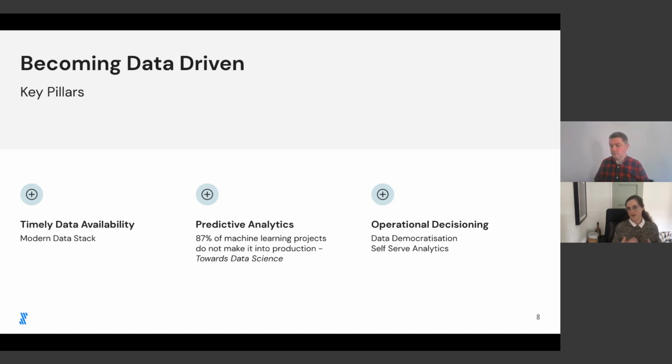To be data driven, my key focus with customers is using data across the company to make those operational decisions.